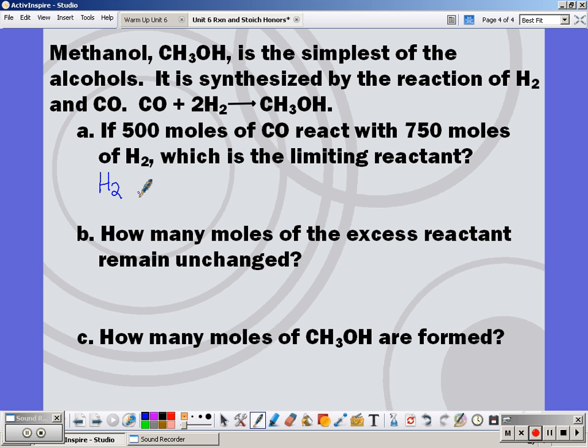So how many moles of the excess reactant remain unchanged? So the excess reactant is CO. Well, if I have 500 moles, how many moles are actually used? So I can start with my limiting reactant, convert from my limiting reactant to my excess reactant, and that's going to tell me how much I need to use.